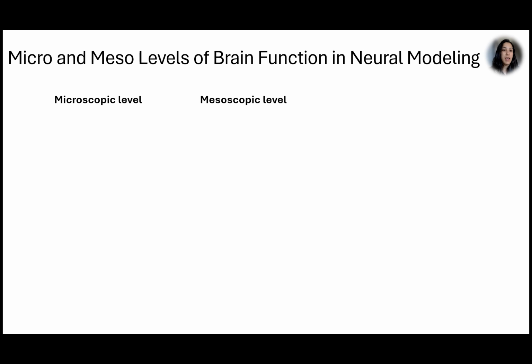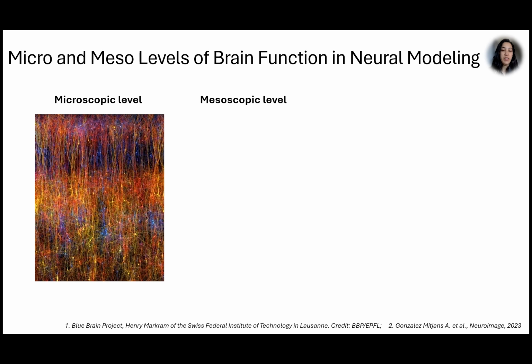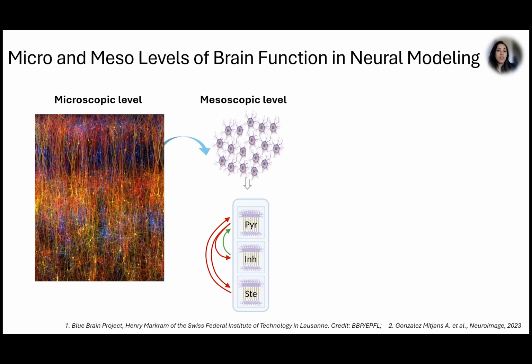At the microscopic level, models focus on the behavior of individual neurons and their intricate interactions. At the microscopic level, there is a huge amount of equations, and an example of that is the Blue Brain Project.